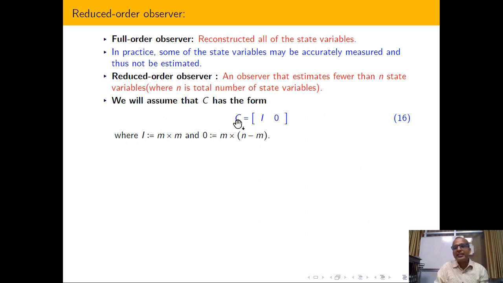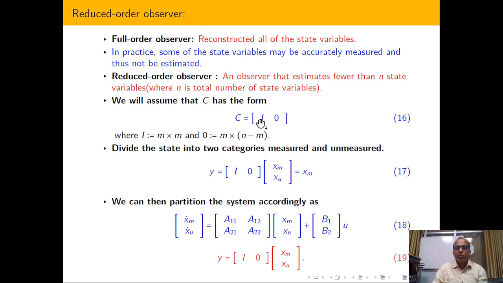So here you can see that I have the C matrix, and I am assuming that I have just a fewer number of states that are measured, and that the whole system is observable, otherwise I cannot design the observer. So I am going to decouple the whole system like this.